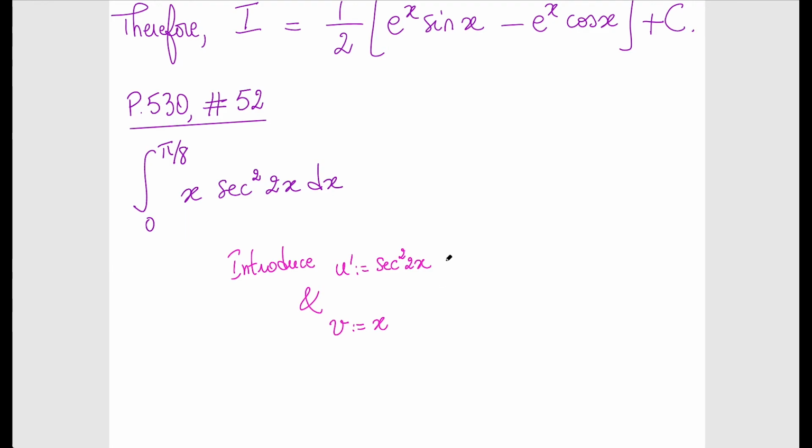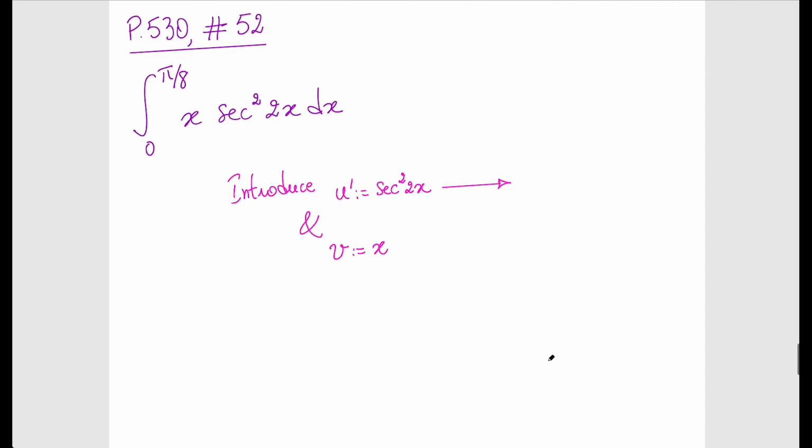As such, what do we get? What's the primitive of secant squared 2x dx? So how about we do it on the side? What's the primitive of u prime secant squared u, where u is a function of x here? Well, we know from Calc 1 that this is tangent u, right? And let's ignore the constant. Let's take the constant to be 0.